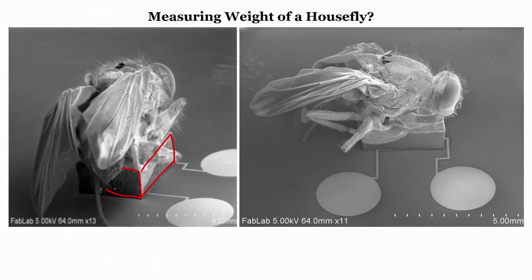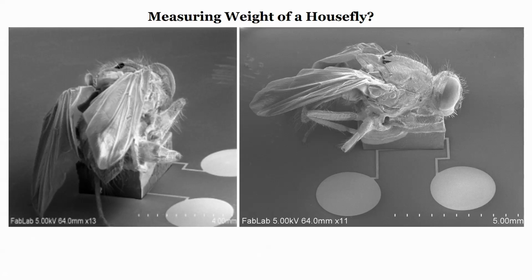all right, and we want to measure the weight of the housefly. Is our sensor sensitive enough to measure the weight of a housefly, or what is the weight of a housefly, right? So, you can see this is an SEM image of a housefly, and of course, the fly is dead, otherwise it will fly.